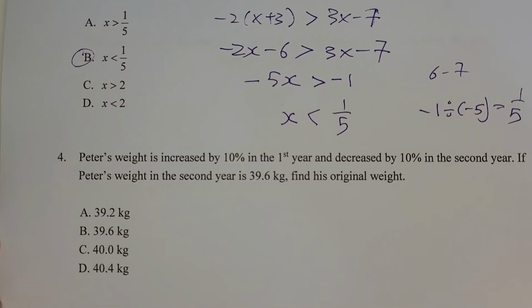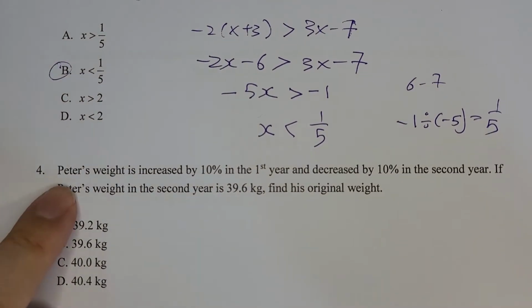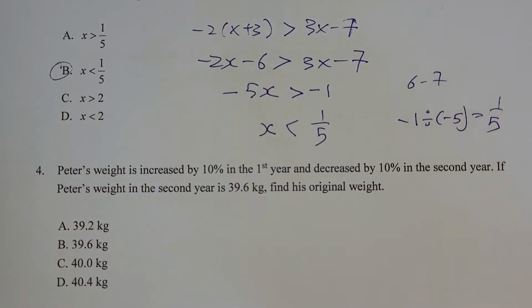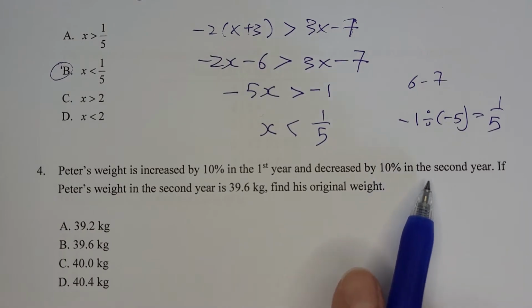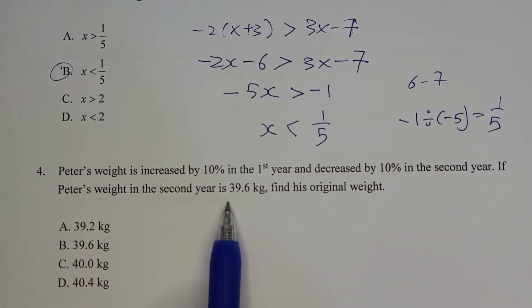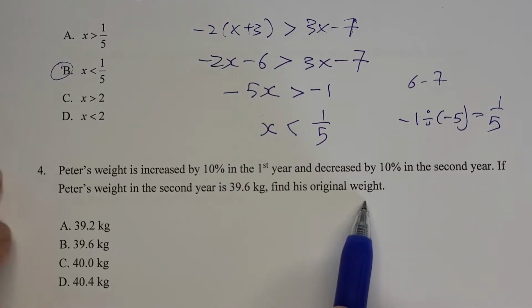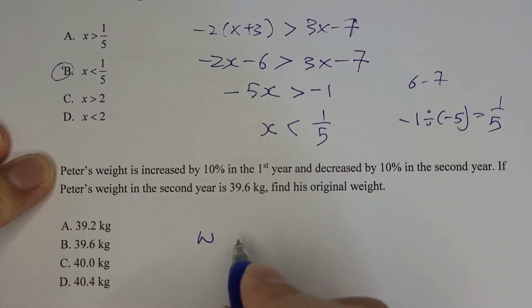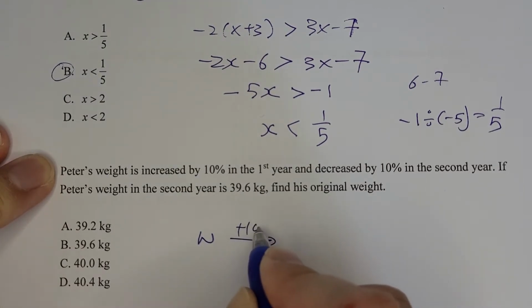And let's move to question number 4. Peter's weight is increased by 10% in the first year and then decreased by 10% in the second year. If Peter's weight in the second year is 39.6 kilograms, find his original weight. So that's the case. Original weight W increased by 10%.